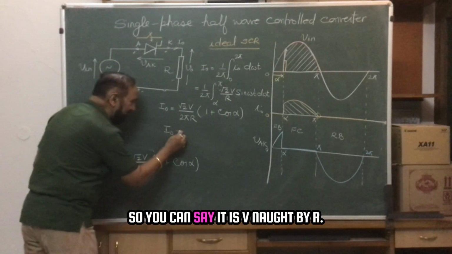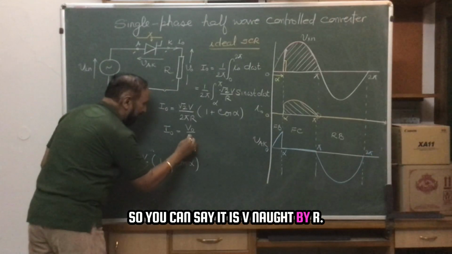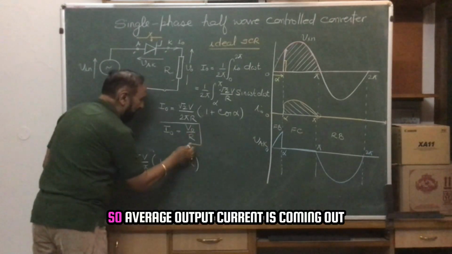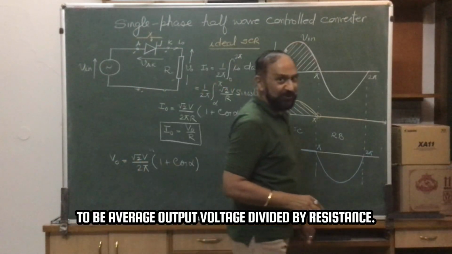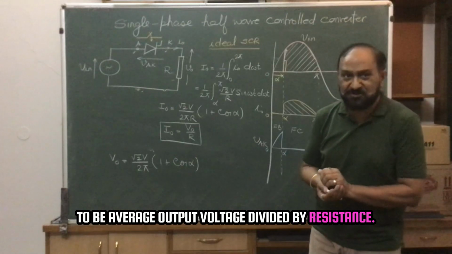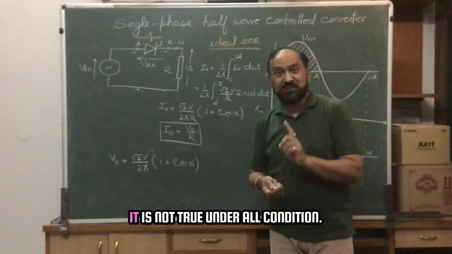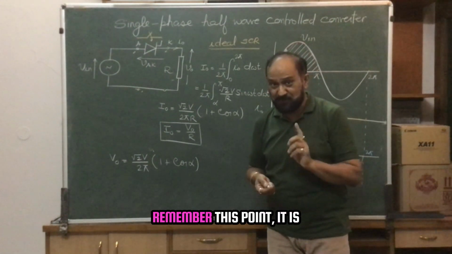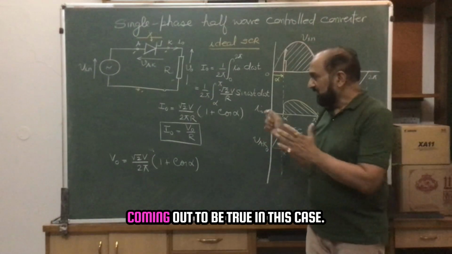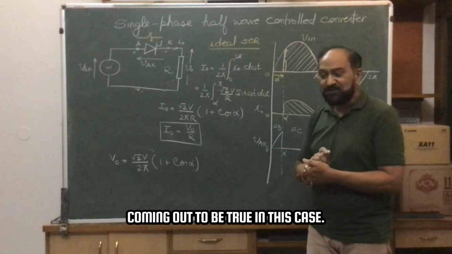So you can say it is V naught by R. So average output current is coming out to be average output voltage divided by resistance. It is not true under all conditions. Remember this point. It is coming out to be true in this case.